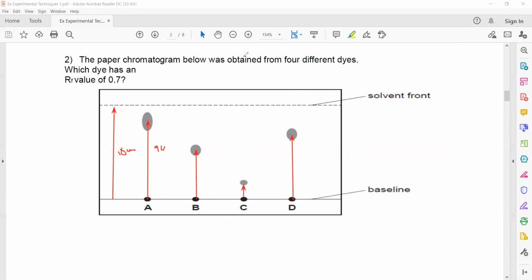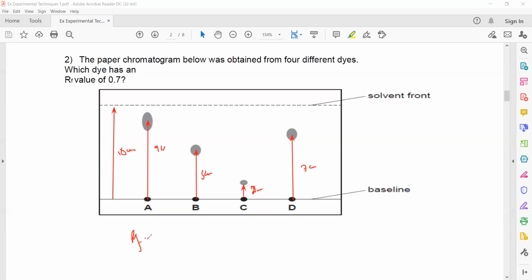For spot B, it is coming out, for example, 5 centimeter, this is 3 centimeter, or 2 centimeter, and this one is 7 centimeter.